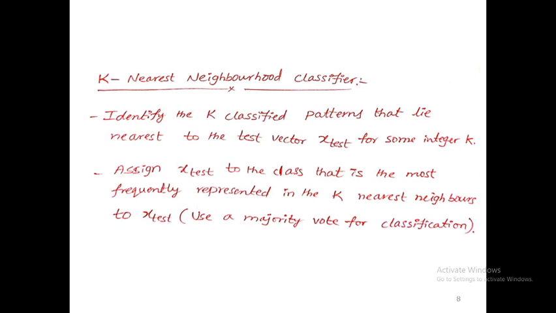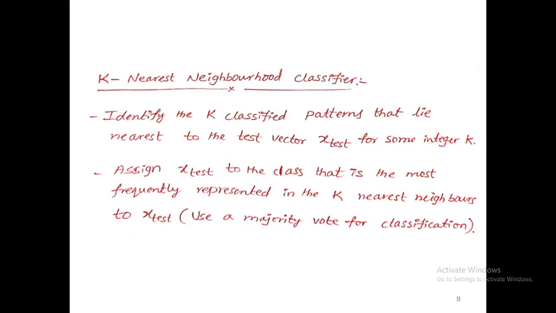So the k classified patterns lie near the x test vector. Sorry, k is just some integer value. Assign x test to the class that is most frequently repeated among the k nearest neighbors of x test. Use a majority vote for the classification.